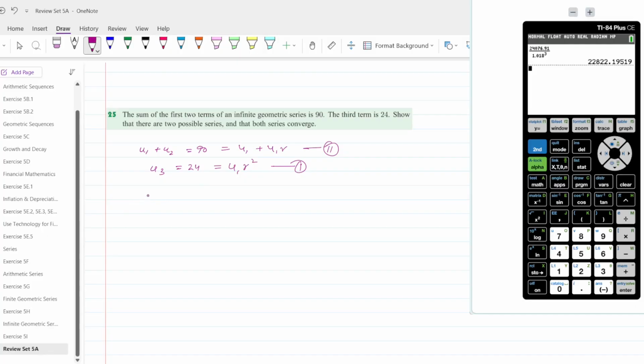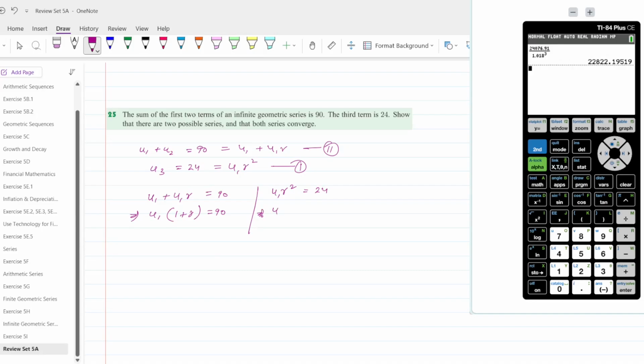So we need to solve u1 plus u1 times r equals 90. So this becomes u1 times 1 plus r equals 90. Similarly, u1 r square equals 24.